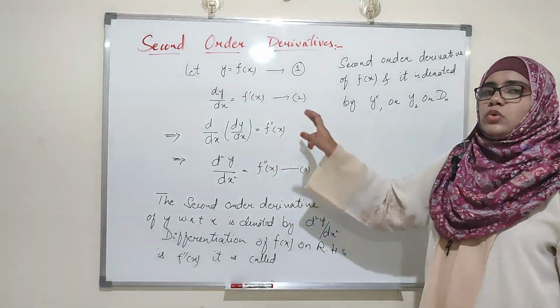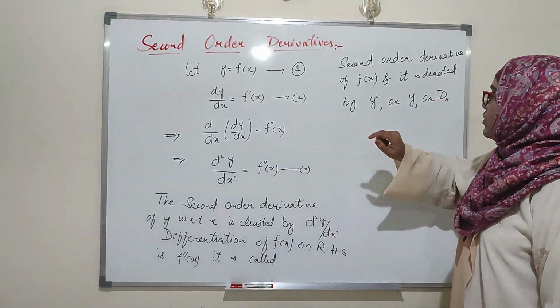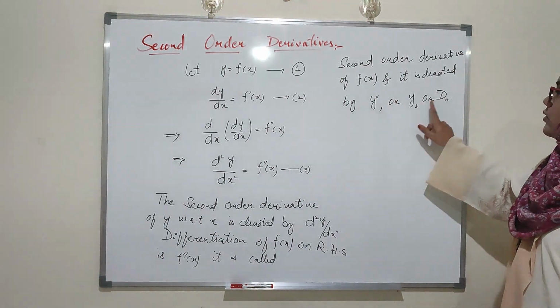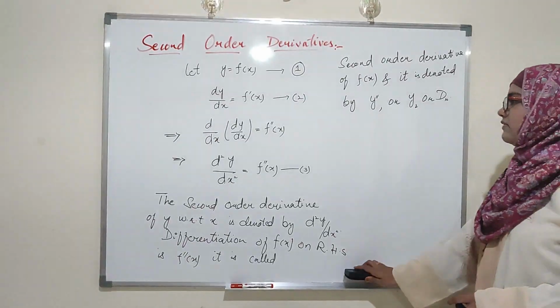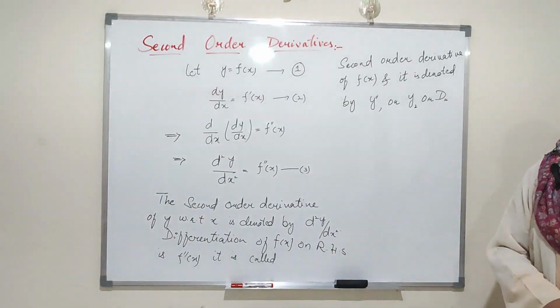So f double dash is known as the second order differentiation of f of x, and it is denoted by y dash, y double dash or y2 on the left side, meaning we are differentiating once again. So this one is known as the second order derivatives.